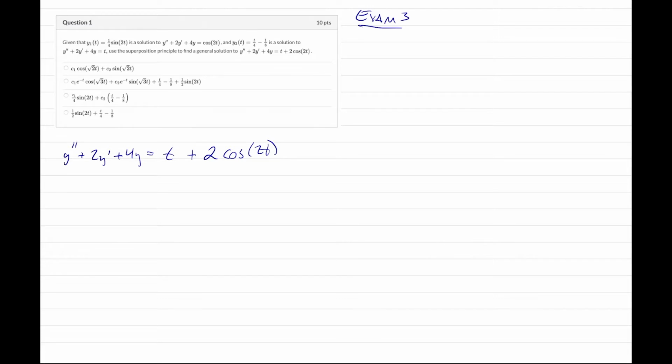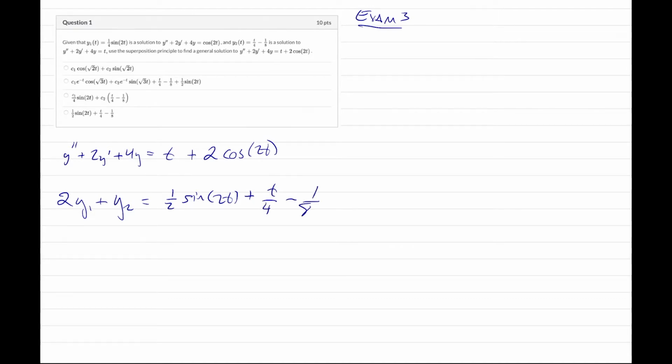So the solution that we're going to get from that is going to be twice y1, and then we're going to add, it looks like this guy was a solution to just this, and it's still a t that matches right here. So it's just going to be plus y2, right? So this is a particular solution, and this is going to be 1/2 of sine of 2t plus t over 4 minus 1 over 8.